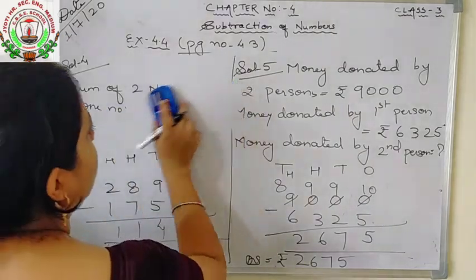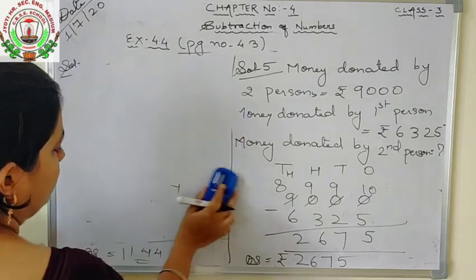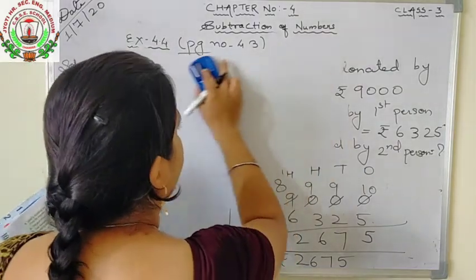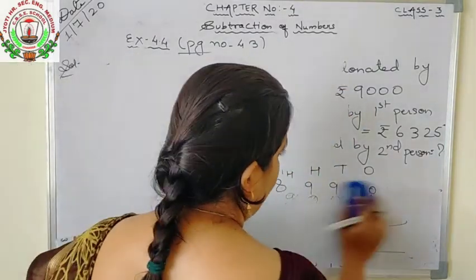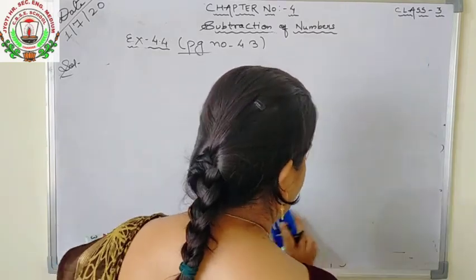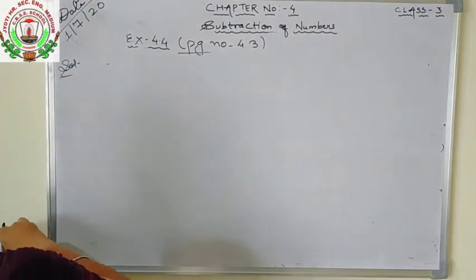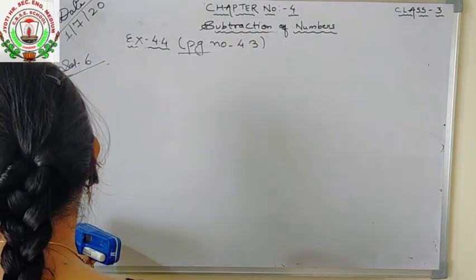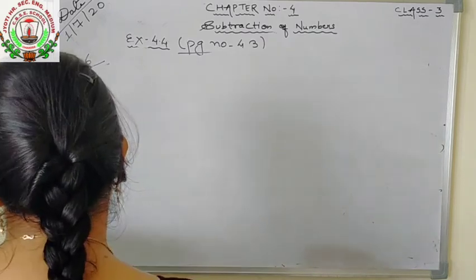Okay. Question number 6. What is question number 6? There are 7,339 books written in different languages.